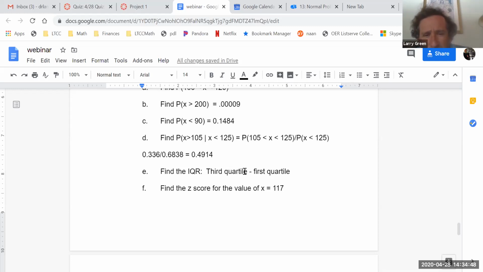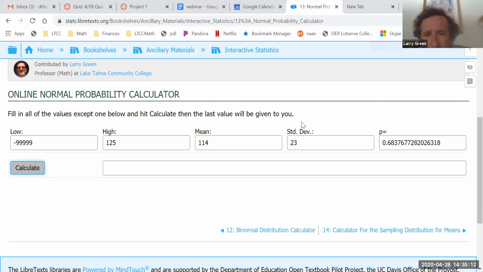So what does it mean to be the third quartile? The 75th percentile, exactly. So now 75th percentile means the probability is 0.75 that we're below a number.